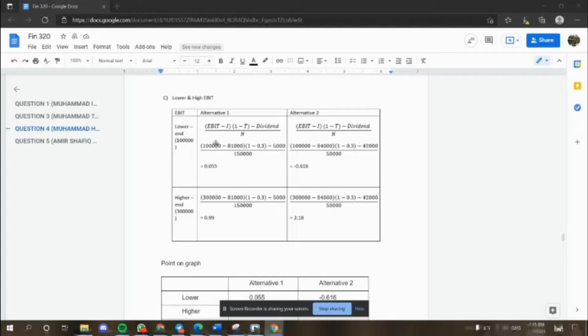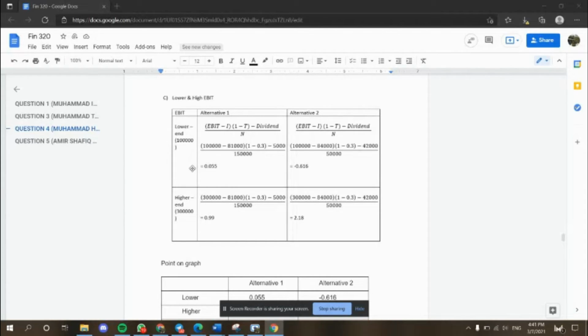Then using the EPS formula again for both alternative 1 and alternative 2, enter the values required to find the higher end and also the lower end for both alternatives.